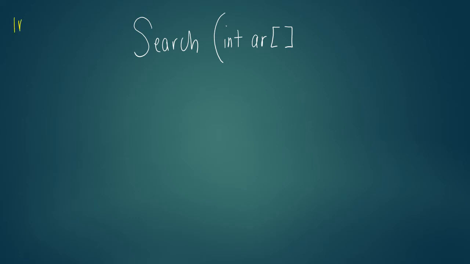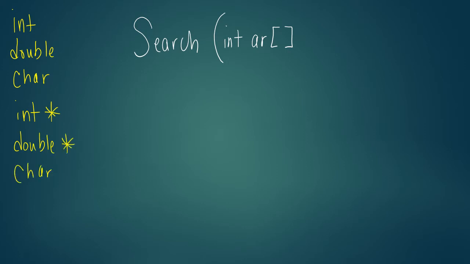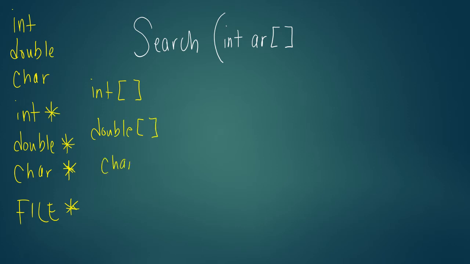We can do an int, a double, a char, an int pointer, a double pointer, a char pointer, a file pointer, an integer array, a double array, or a character array.